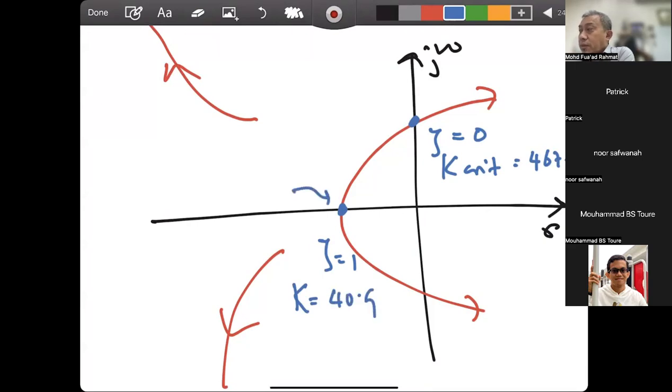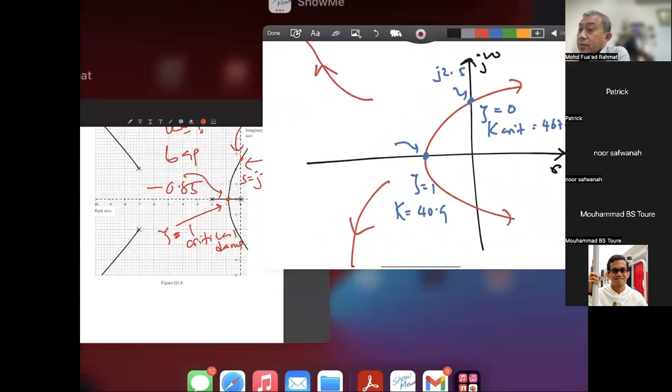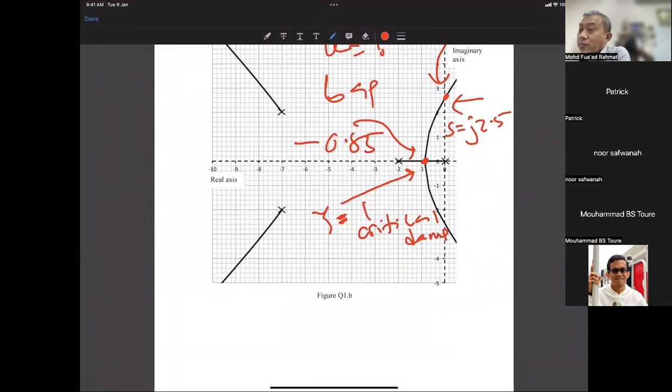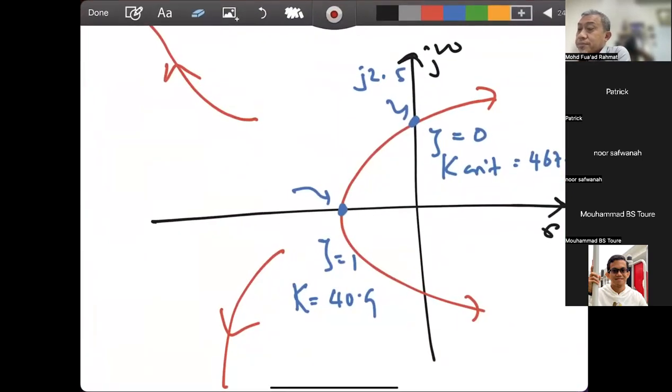This one is minus J 2.5. And what is the value there just now? This one 0.8, minus 0.8.